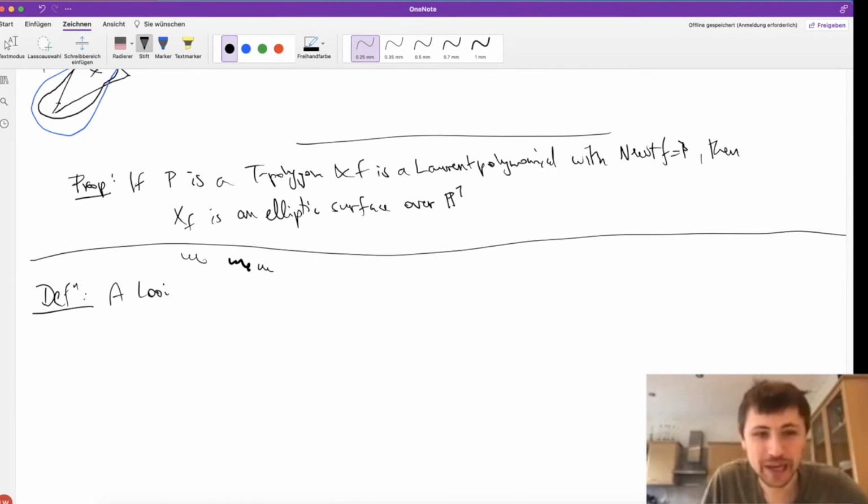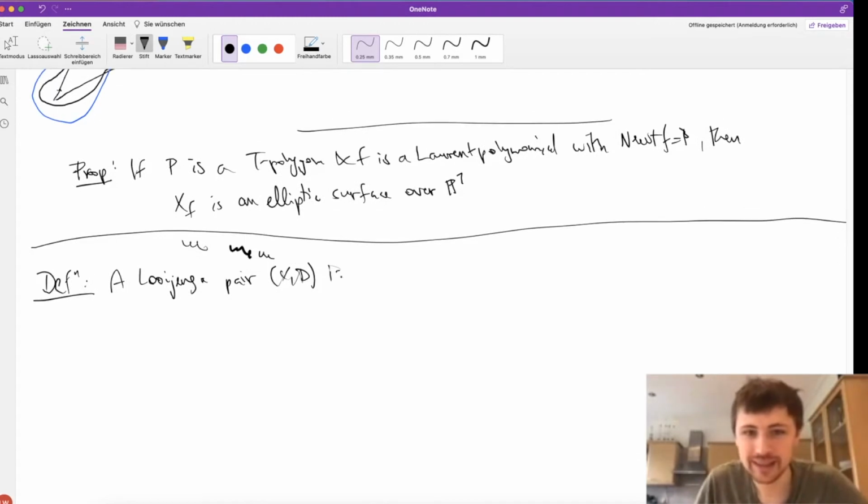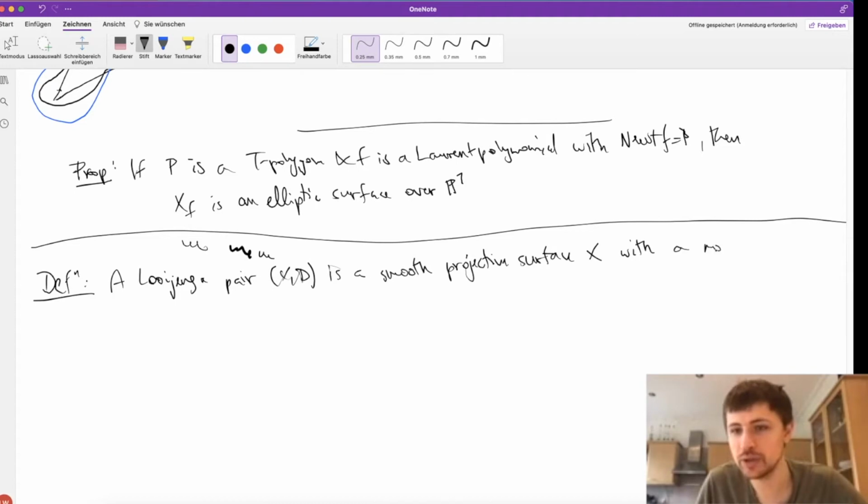A Looijenga pair (X, D) is a smooth projective surface X with a nodal anti-canonical divisor D.